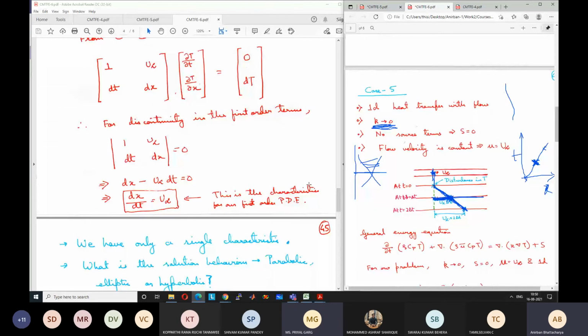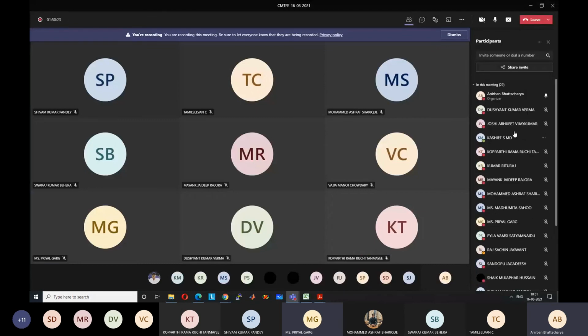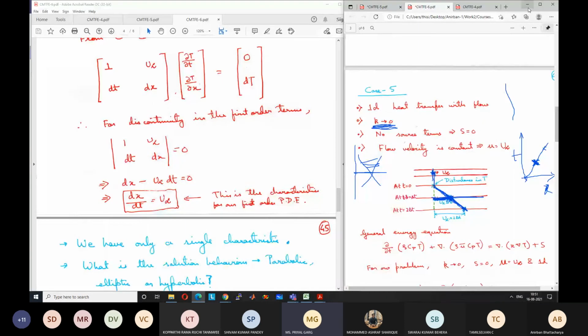Yes, Priyal, you're trying to say something. So the domain of influence is the line below that point. It's only the line, it's not an area, right? Yes. Physically, this point can be influenced by which point?